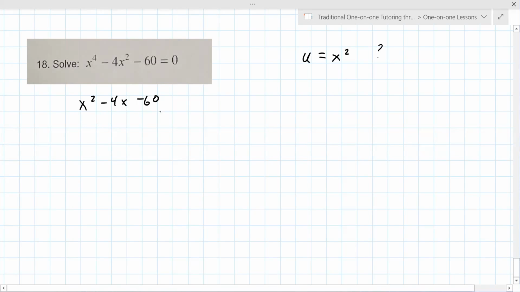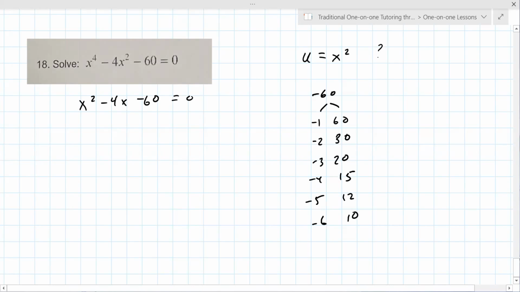So to solve this, you're finding two numbers that multiply to -60 but add up to -4. Okay, so you can go over, -60, what could that be? You can guess, -1 and 60, -2 and 30, -3 and 20, -4 and 15, -5 and 12, -6 and 10.